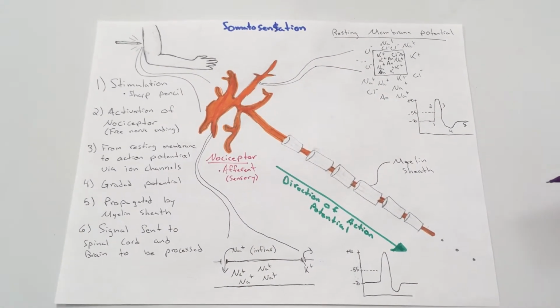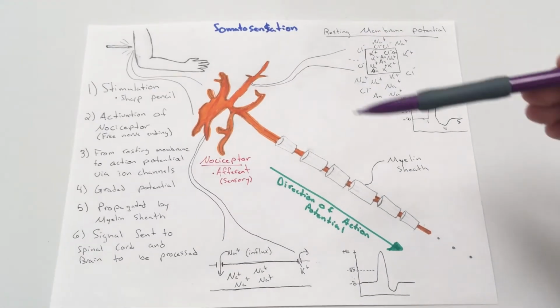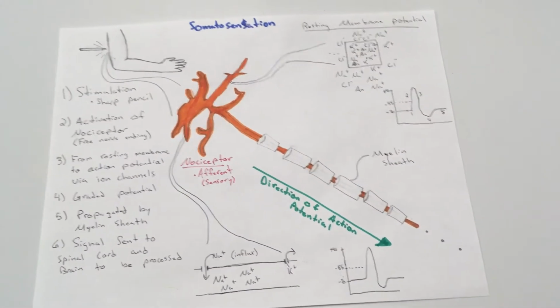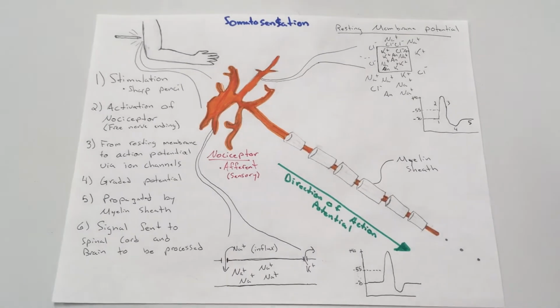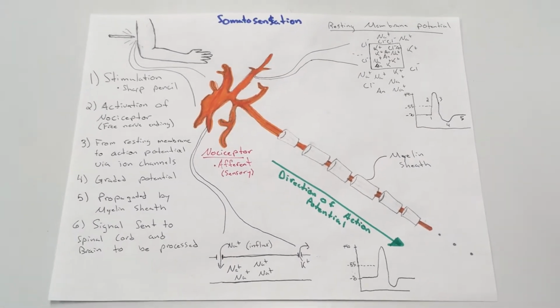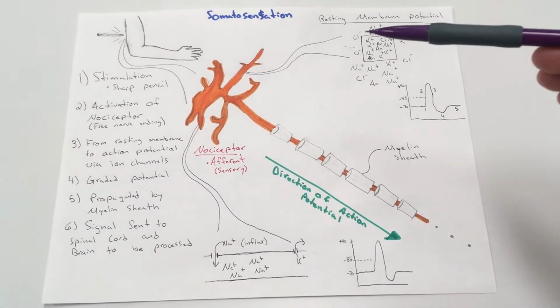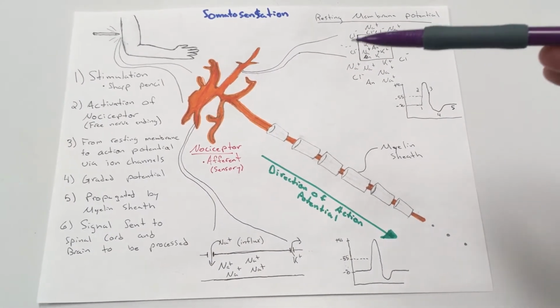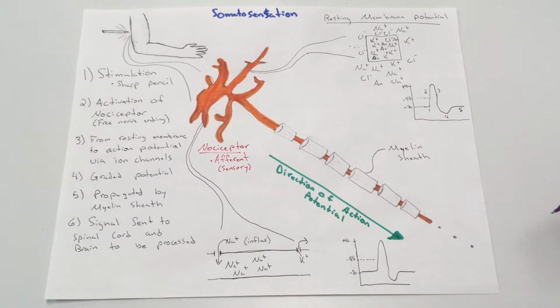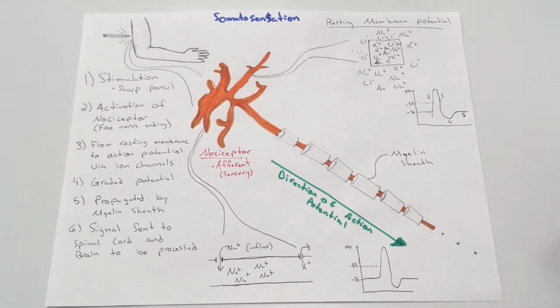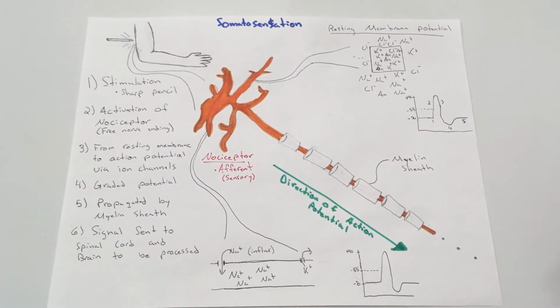But before we dive into that, we need to understand all of our nerve cells and sensory cells, why they're electrically charged, and why they have a resting membrane potential. If this is a cell in your body, our cells are full of ions, which are positively and negatively charged.